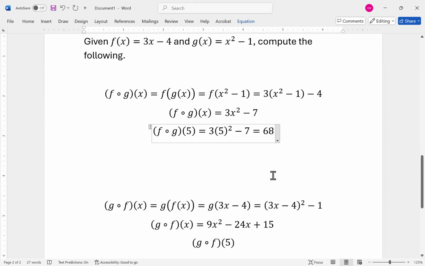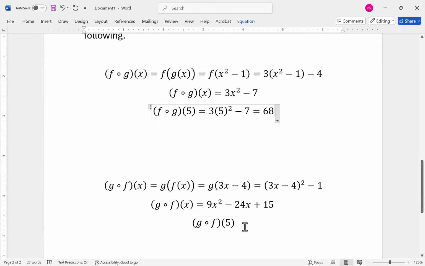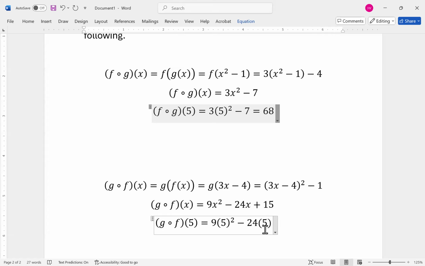And the same thing is true if we did function composition the other way. If we did function composition g of f of 5, since I already calculated g of f of x, I could just replace every x with the number 5. So 9 times 5 squared minus 24 times 5 plus 15.